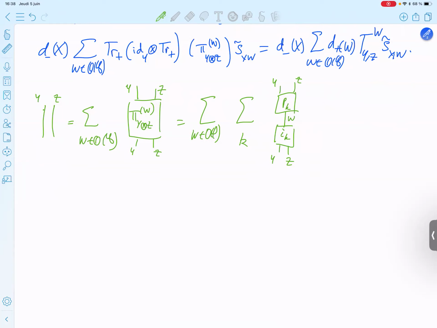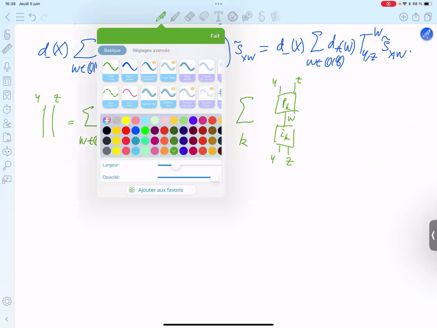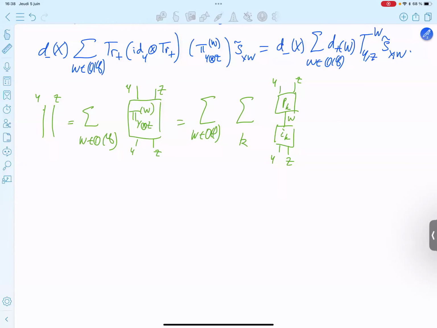So every idempotent, here everything is semi-simple, so every idempotent can be written as a sum of minimal idempotent, and then every idempotent can be written of this form, where P is an epimorphism, I is a monomorphism, P_k, and the composition of the two is this way.